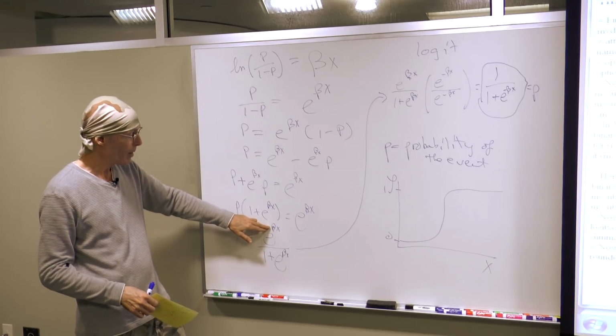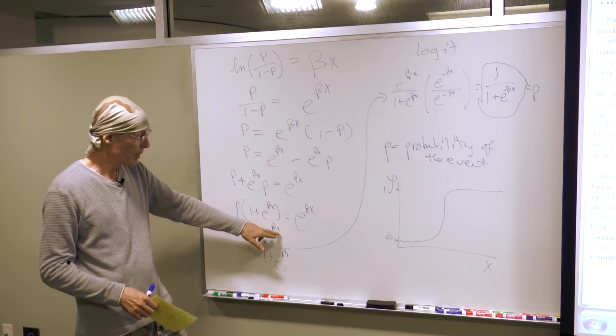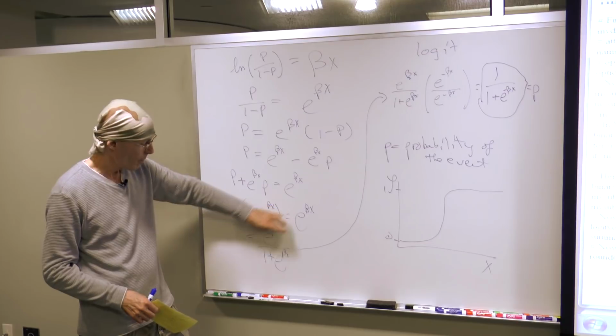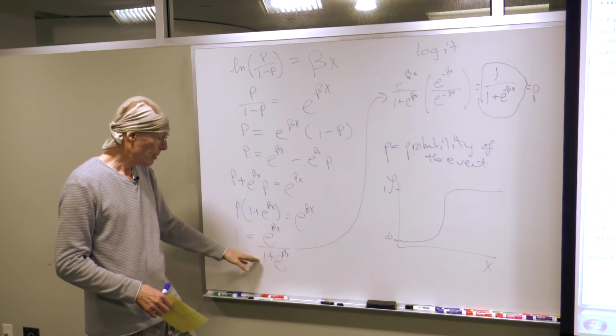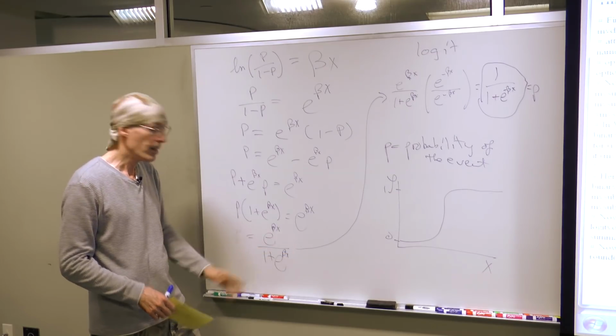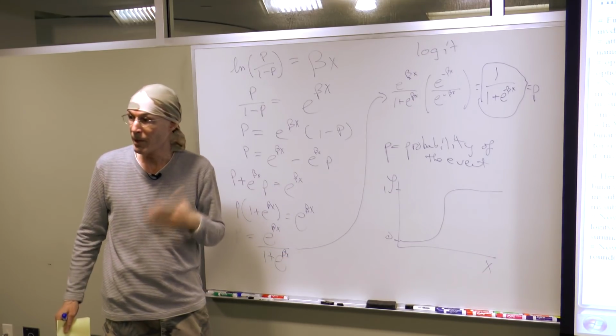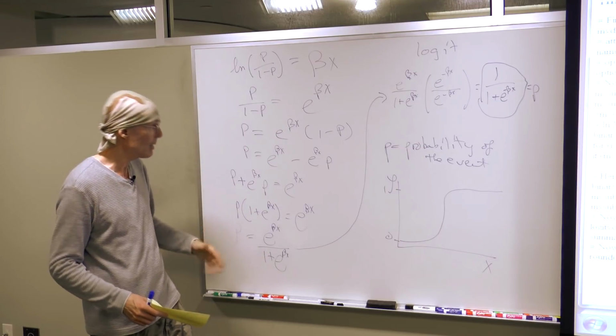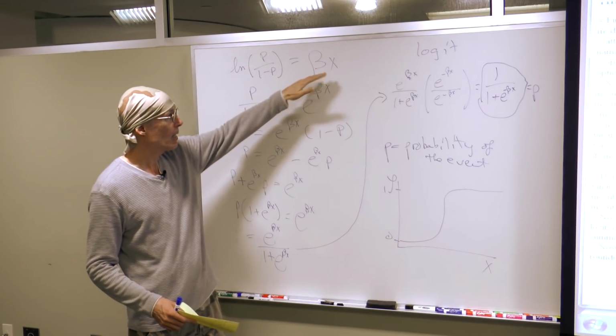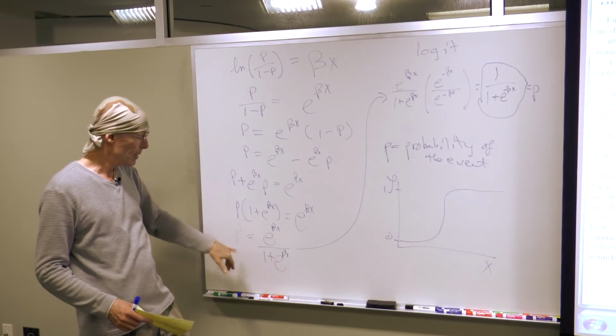So once we have our vector of slopes and variables, we just take that entire right-hand side, exponentiate it, divide it by 1 plus the same thing, and we've got our p. We've got our predicted value. And that's what we want. We want to know the probability of something succeeding. So once we get our right-hand side, we have to transform it to get our p.